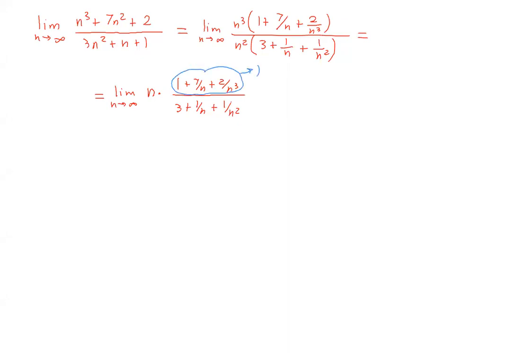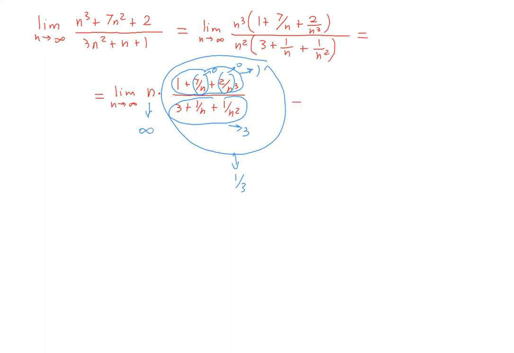Why? Because you have two terms that tend to 0. After all, this tends to 0 and this tends to 0, and 1 tends to 1. And this whole thing similarly tends to 3. So the whole fraction tends to 1/3, but then you multiply it by something that tends to infinity. So eventually the answer will be infinity, because think about it, you multiply really huge numbers, the ones that approach infinity, by numbers that tend to 1/3.